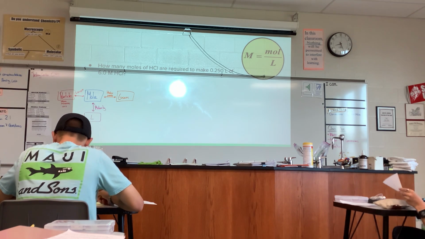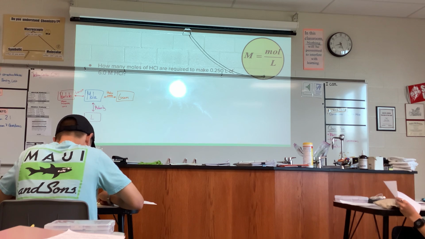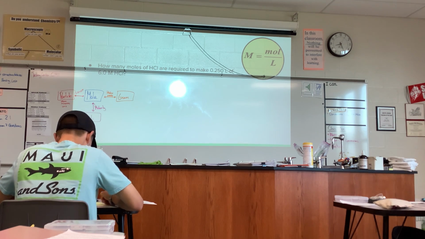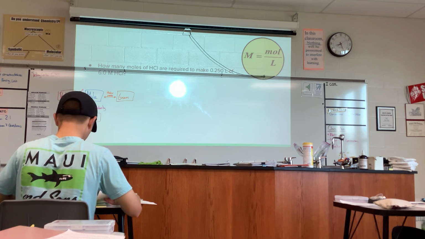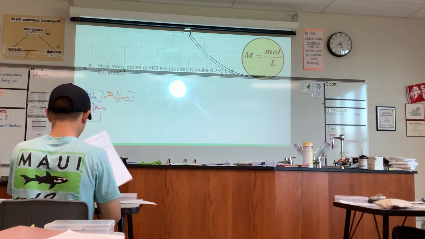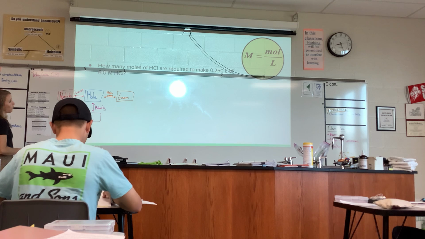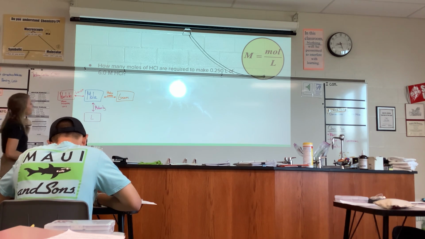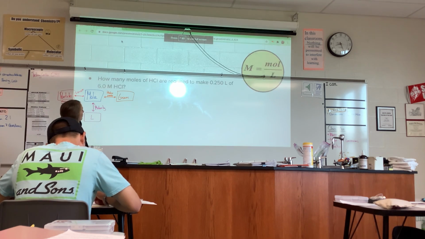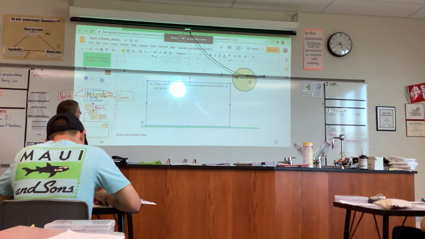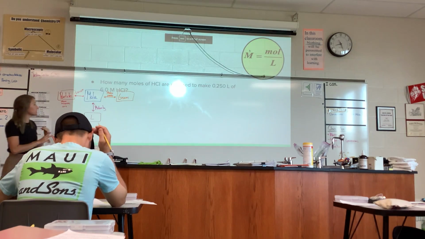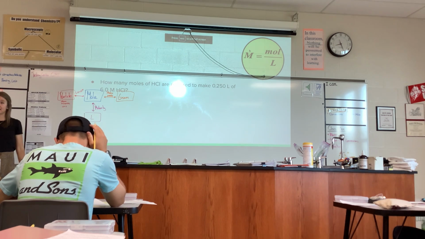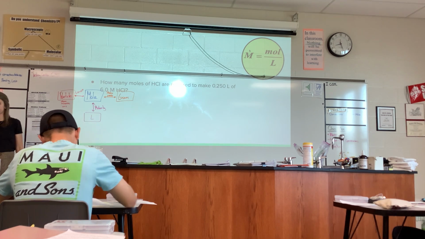This problem says how many moles, so circle the word moles, everybody. Always circle what you're trying to find, it keeps you on the right course. How many moles of HCl are required to make 2.5 liters of a 6 molar HCl solution? Now this is where things are a little bit different because I'm given 2 things.